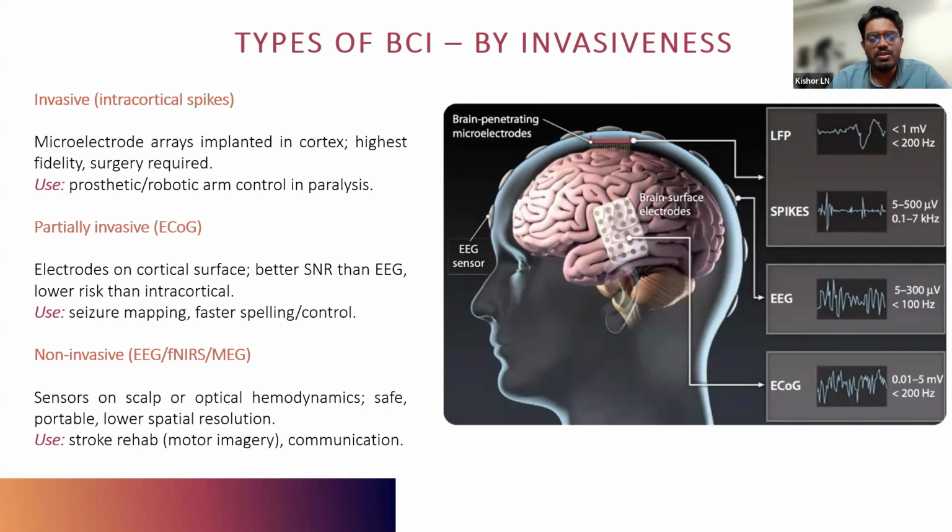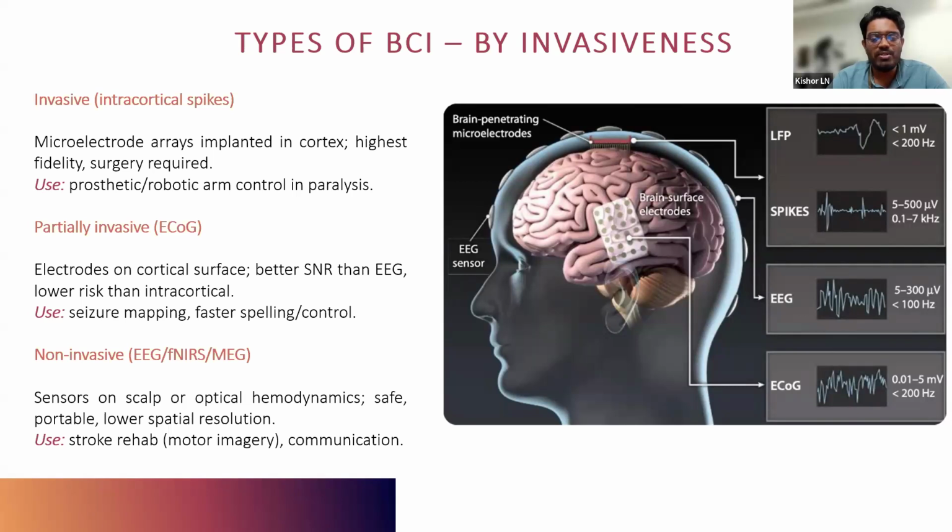But the problem is you lose good signal to noise ratio, because the electrodes on top of your head have to get the brain signals after they have passed through your skull, your skin, and all the hair and everything in between.